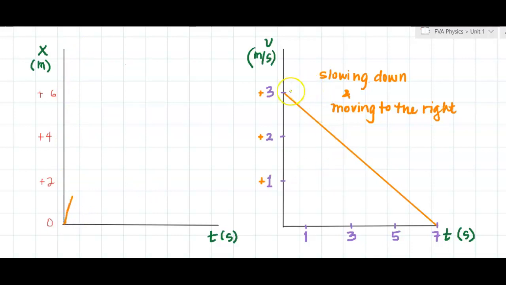And then later, we reach a 0 velocity. And so to connect those shapes, I would draw a concave down parabola. And this would show me that the object is still slowing down and moving to the right.